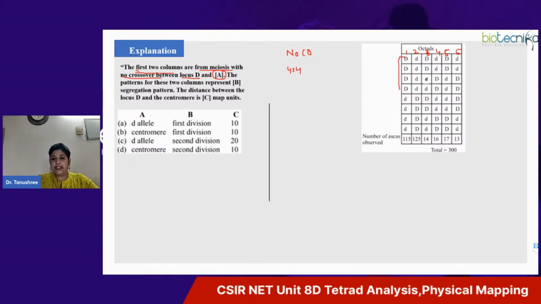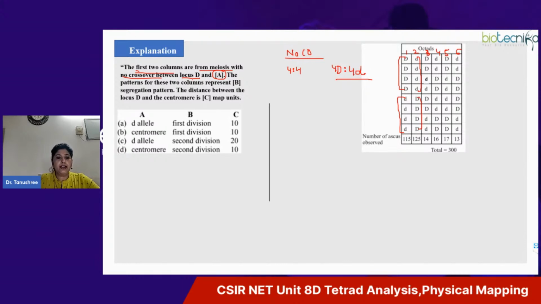Yes, you can see these four are of one type, these four are of one type, right? Similarly, here you can see these four are of one type and these four are of one type, right? So this is the kind of ratio, 4:4. And when there is no crossing over, what kind of segregation occurs? Meiosis 1, M1 type, right?